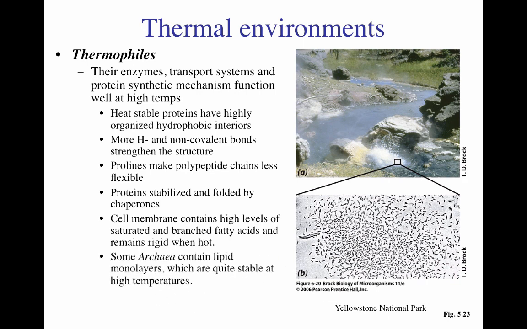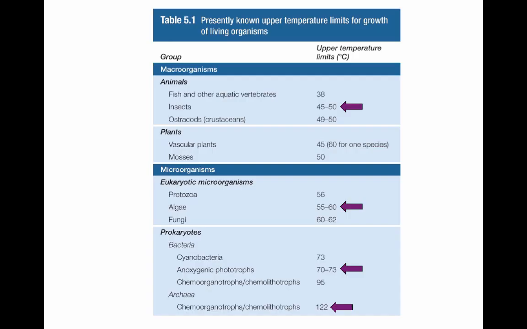So for example, some archaea, as you know, contain lipid monolayers made of isoprene polymers. Those are able to resist really high temperatures because instead of having a bilayer that can fall apart, they now have a monolayer that can resist thermolysis.